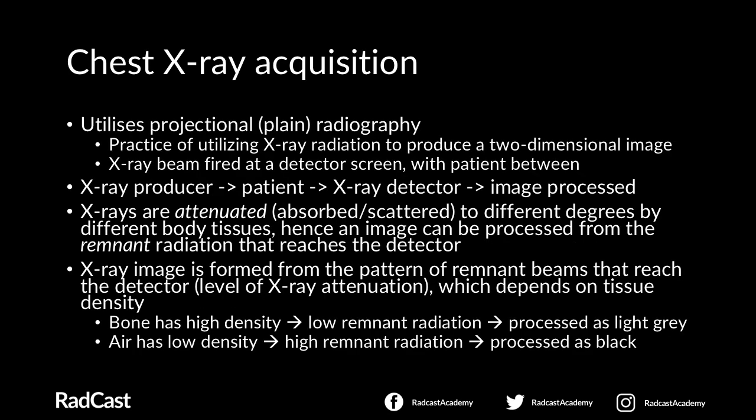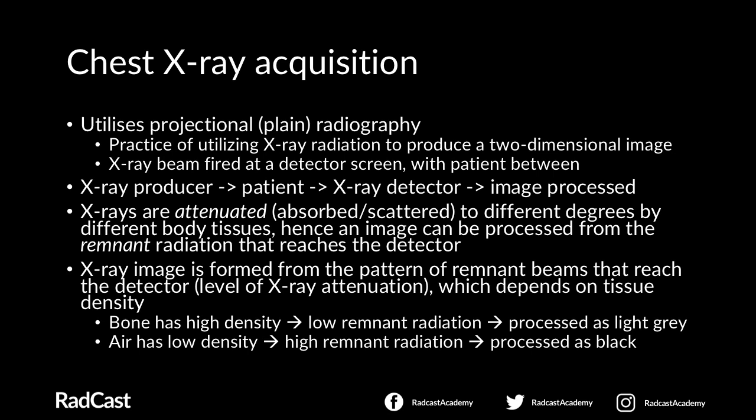So without further ado, let's move on to the basics of chest x-ray acquisition. Chest x-rays are essentially obtained using what we'd call projectional, or in other words, plane radiography. This basically means that the beam projection of x-ray radiation is used to produce a two-dimensional image.